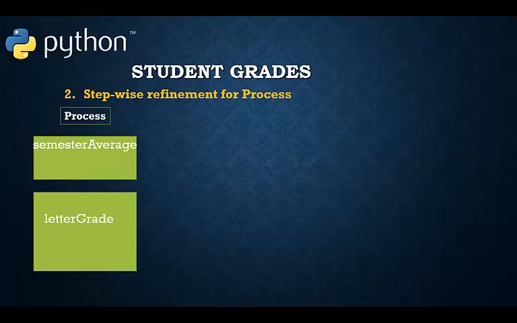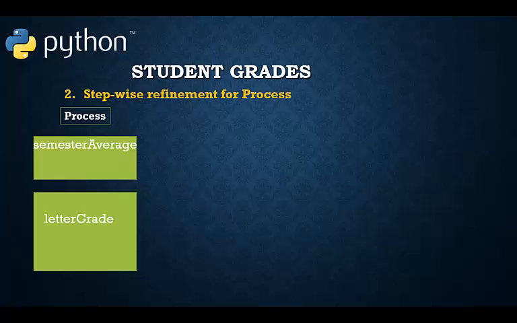Do we have the information we need to compute the semester average? Yes, we will add the midterm exam score to the final exam score and then divide by 2 to get the semester average. Based on the average, we can assign the letter grade A through F based on 10-point ranges.